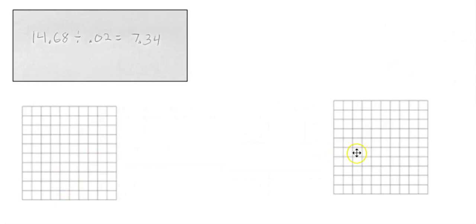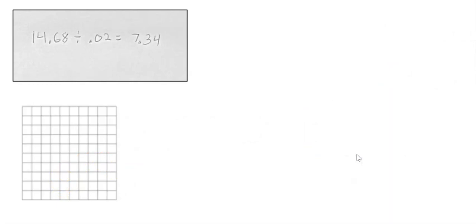So I know that that does not make sense, and we definitely want to make sense of problems when we do that. So I'm going to use some estimation here, but first, let me get just a regular pen, and I'm going to have 14 and 6/800ths divided by 200ths, and I really don't want my divisor, this 200ths, to be a decimal.